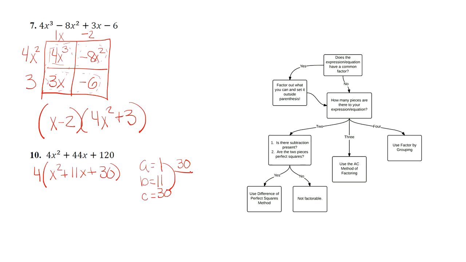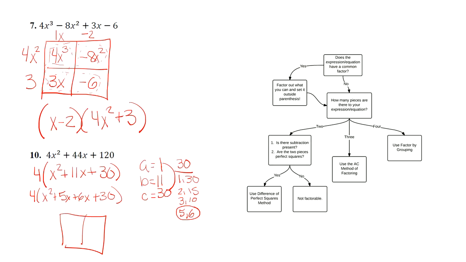What numbers multiply to give us 30 but add together to give us 11? Well, we would have 1 and 30, 2 and 15, 3 and 10. What about 5 and 6? That makes 11, right? So I can rewrite x squared plus 5x plus 6x plus 30.